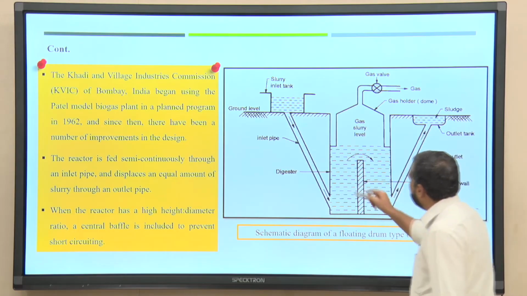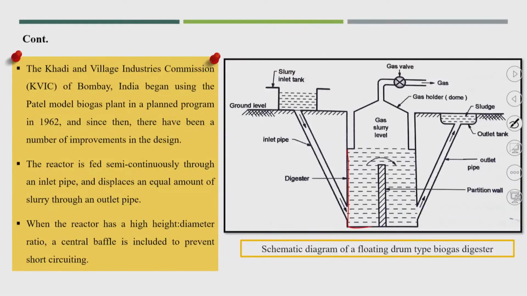Earlier the Patel model was only one particular unit, but the improvement was that a central baffle has been added. Now the flow of waste slurry will be like this, and the idea was that half of the area will be for the acid phase and the other half for the methane phase.